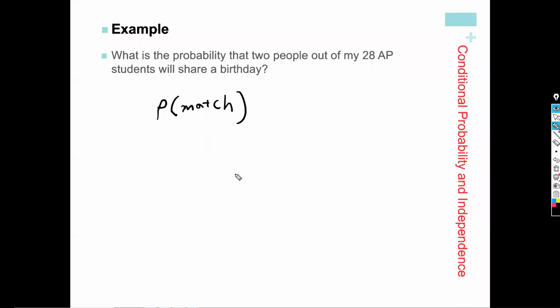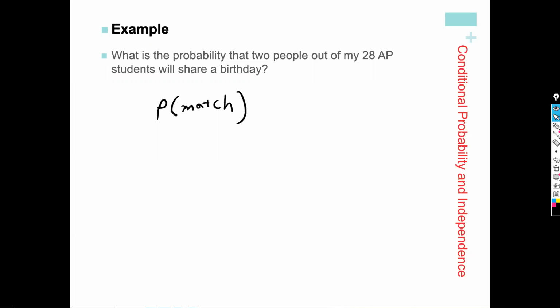But the probability of getting a match, well, we'd have to think about the different possible combinations that are possible for getting a pair. So each possible combination of 2 people that we could have.